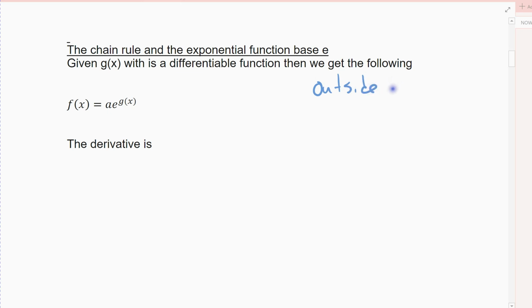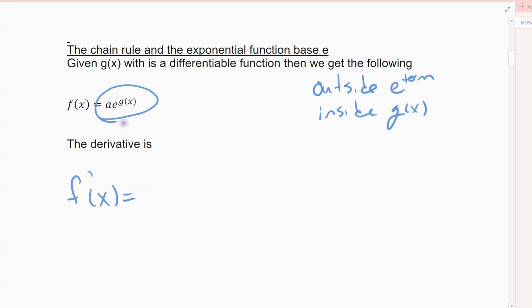Well, the outside is the e function. The inside is whatever that g of x is, whatever that expression is up here in my exponent. And so when we take the derivative of something where there's e raised to something other than just x, the first thing you do is write down the original expression, because that's the outside part.